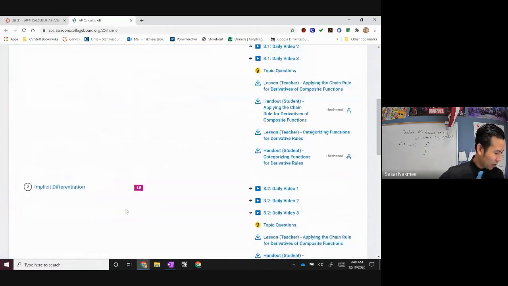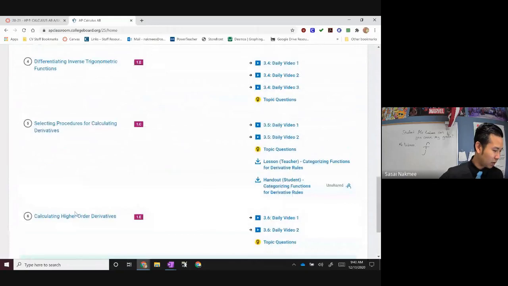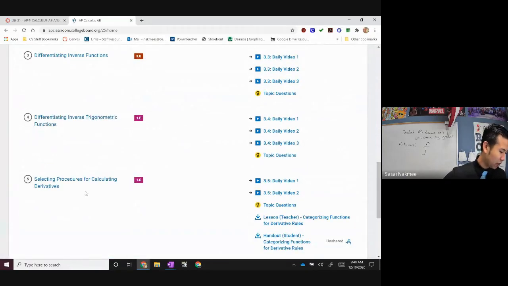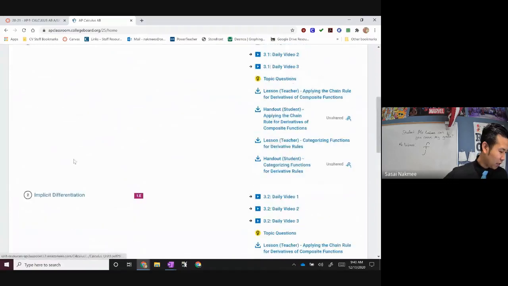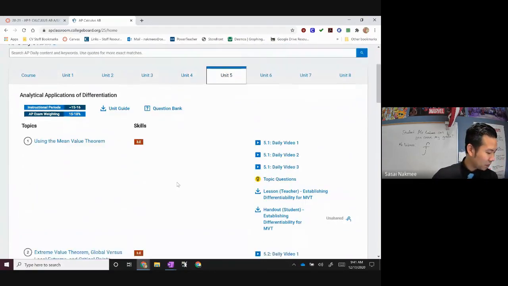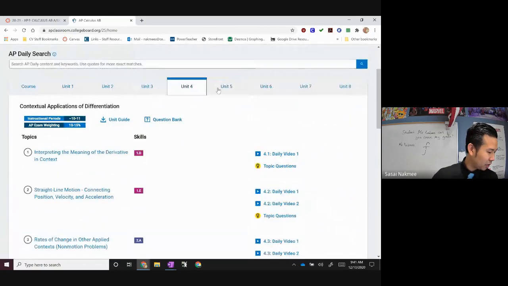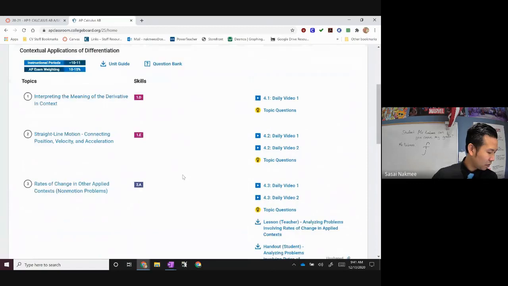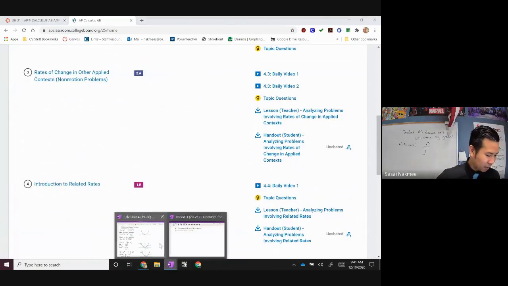Anyways, unit 3 matched up perfectly. It went all the way down to calculating derivatives of higher orders, inverse trig functions, inverse functions, implicit, and the chain rule. I thought that was pretty cool. Oh, okay. Our unit 4 is going to be their unit 5. Yeah. Anyways, okay, let's get into it.